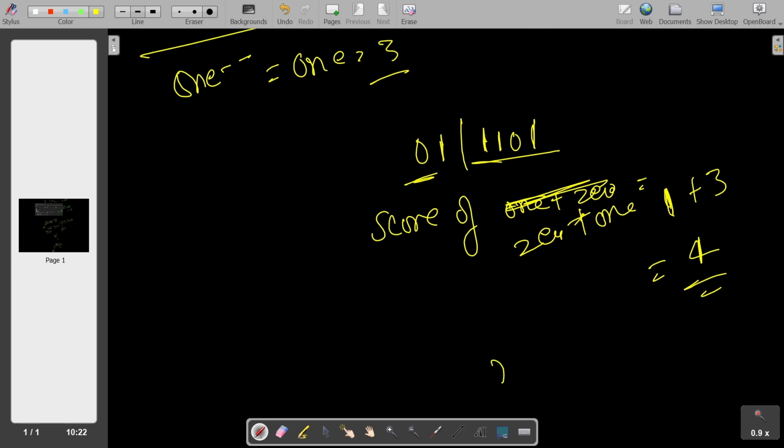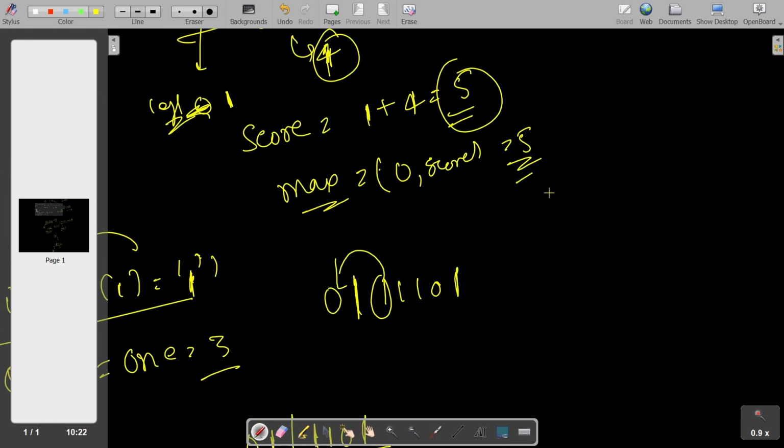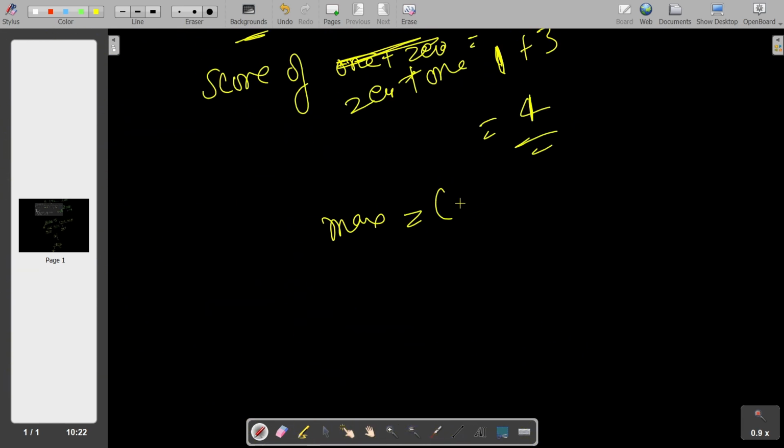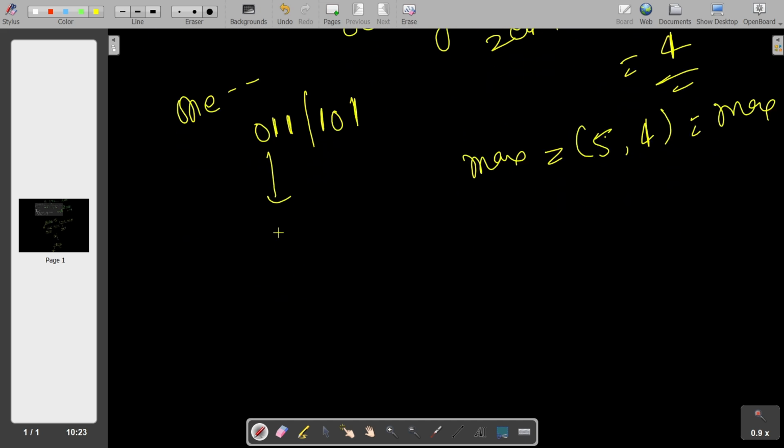Now the maximum of the earlier 5 and this 4 is 5. In the next iteration, after excluding with ones minus minus, the zero count is 1 and the ones count is 2.